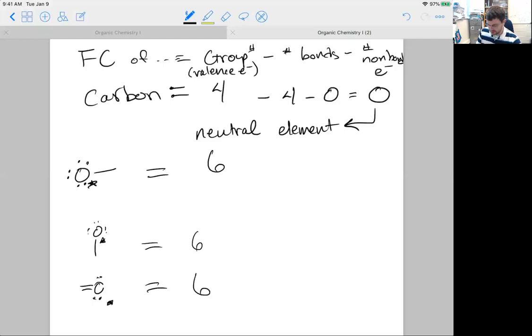It has 6 valence electrons, or 6 dots around it for the most part. The number of bonds in both star and triangle is 1. It only has 1 bond. Notice that I keep that number as 1. I know there are 2 electrons in that bond, but bonds count for 1. In the last example, square, we have 2 bonds. Now for the number of non-bonding electrons, that's the number of dots around the outside.